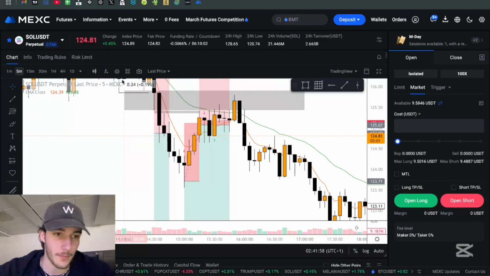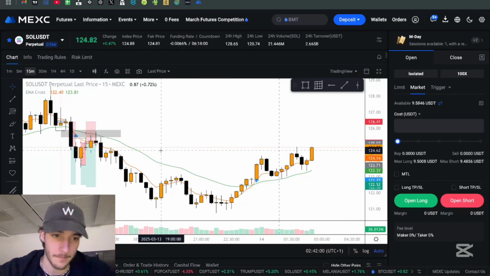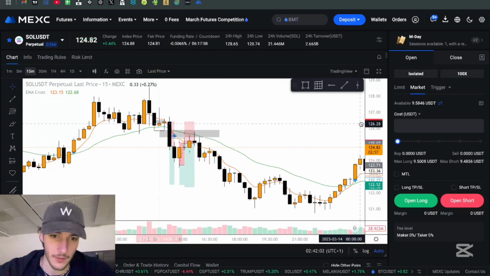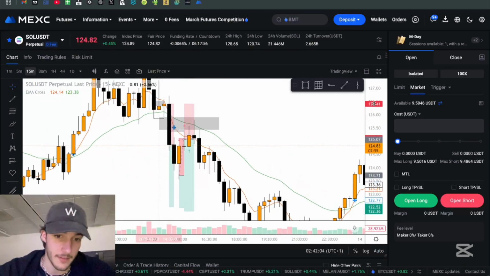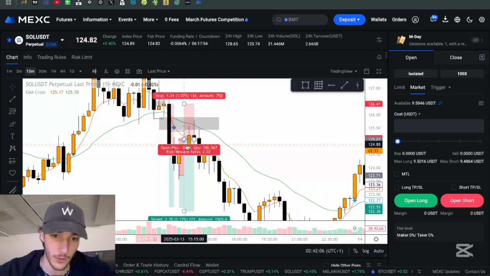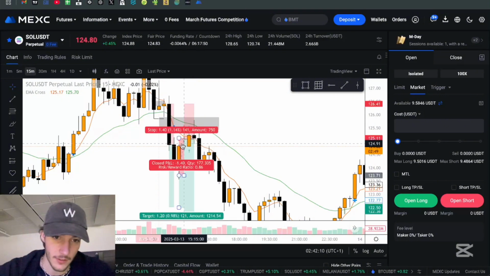And over this 5-minute, there was this 15-minute fair value gap, which we tapped into, and I entered off of that, thinking we're gonna move lower since we closed this candle like that. And I did enter.